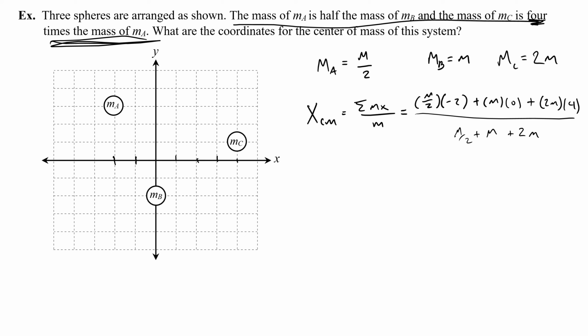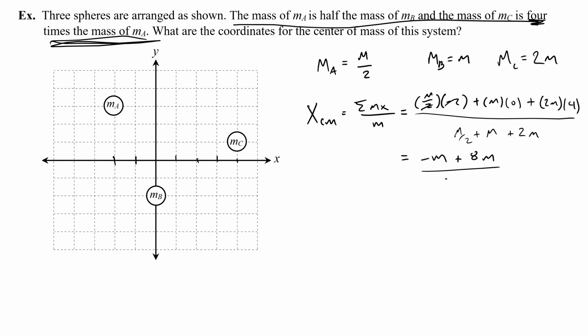And let's do some simplifying. Okay, so first of all, on top, I'm going to get M over 2 times negative 2. The 2's cancel. And I just have negative M. M times 0 is 0 plus 2M times 4, I'm going to write that as 8M. Okay, and then this is divided by M over 2 plus M, so 3.5M.